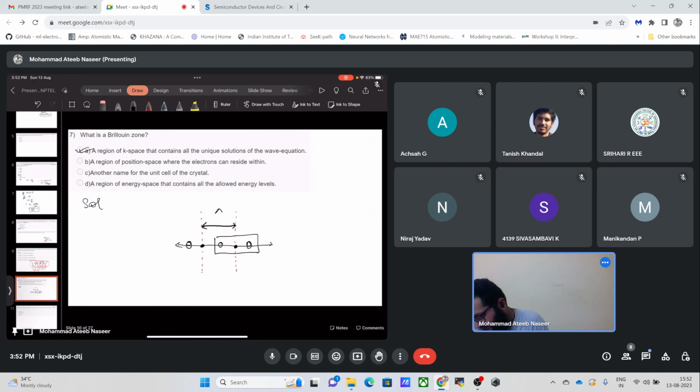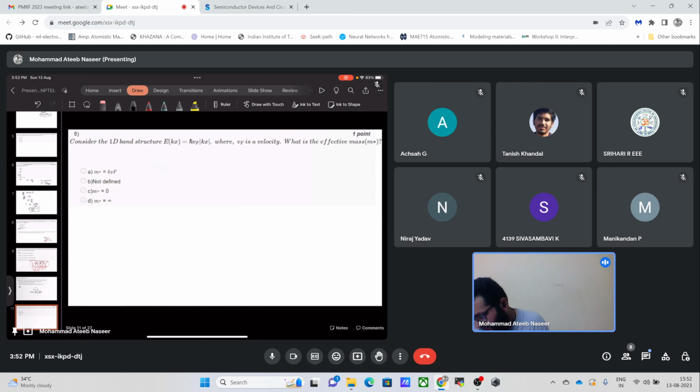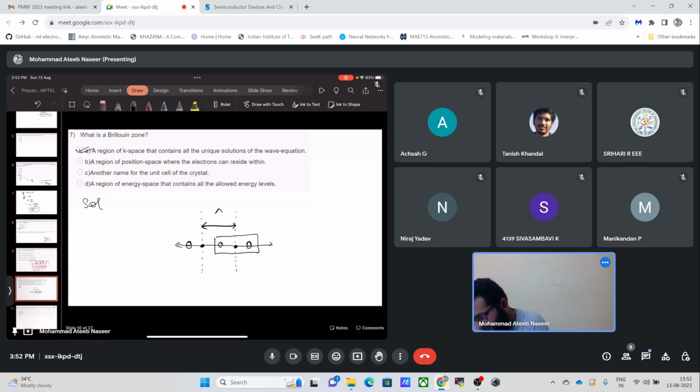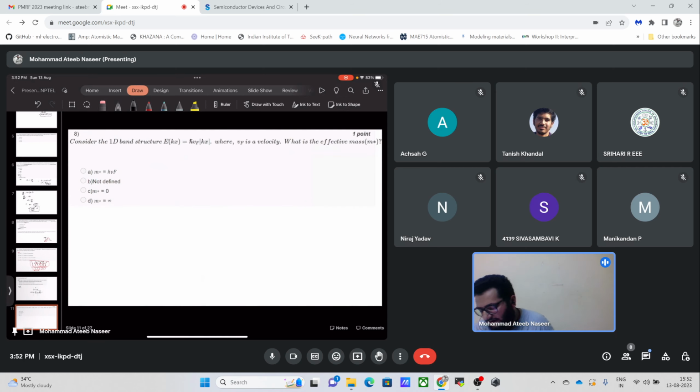Now let's see, this is also related to the band structure. This is a different kind of problem, where we have been told that the band structure has some relation between energy and the momentum space, that is the k vector, which is given by h bar vf times kx.